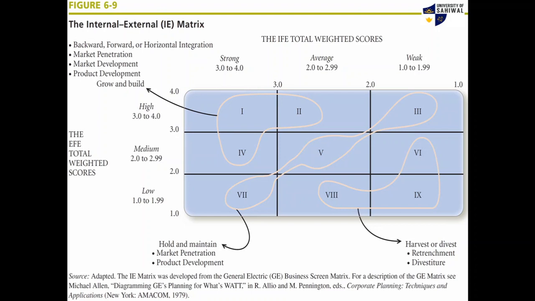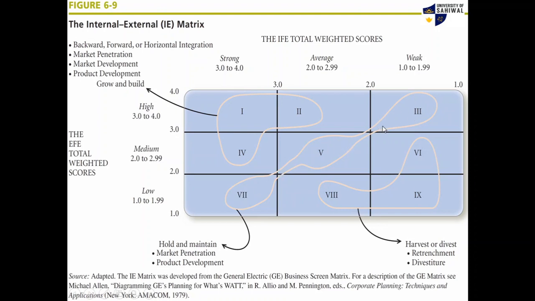Divestiture means you are selling part of it, so you can follow the divestiture strategy. And similarly the retrenchment strategy. These are the strategies which are available, so you can follow these strategies.